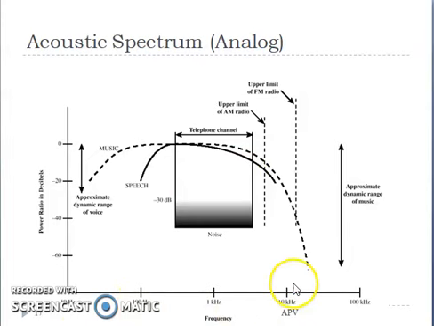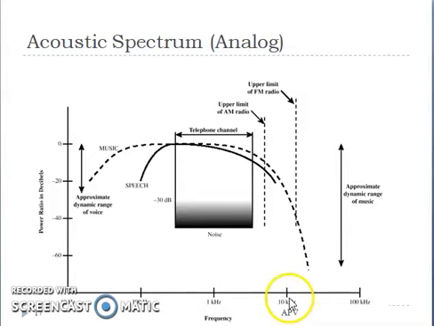So the total spectrum is spread over 10 Hz to 100 kHz. That is the absolute bandwidth of the spectrum. But if we take speech, it spreads from 100 Hz to 10 kHz.